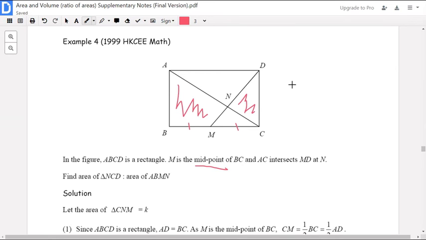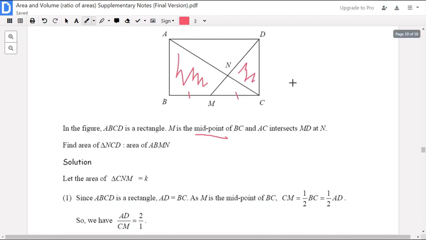The basic principle is that we always try to let K be the area of the smallest part in the figure, and for simplicity, we let the area of triangle CMN be K. Now, we know that M is the midpoint of BC, and of course, the opposite sides of a rectangle must be the same.